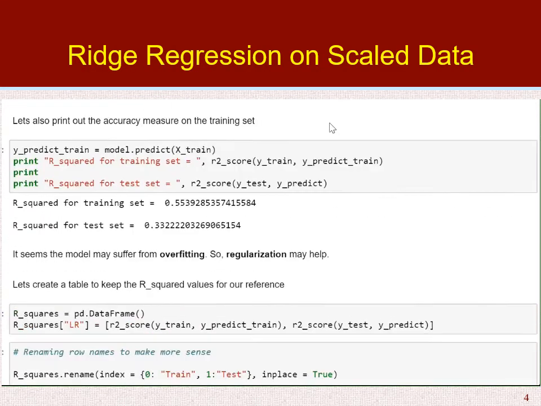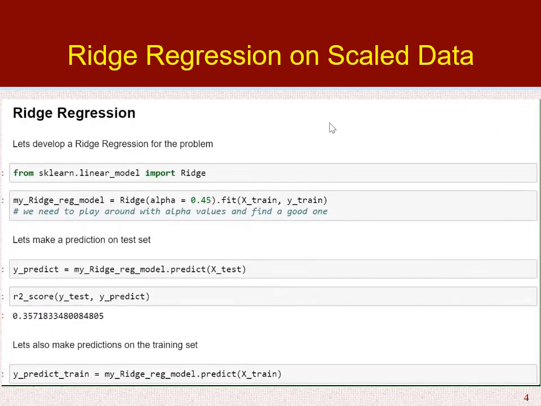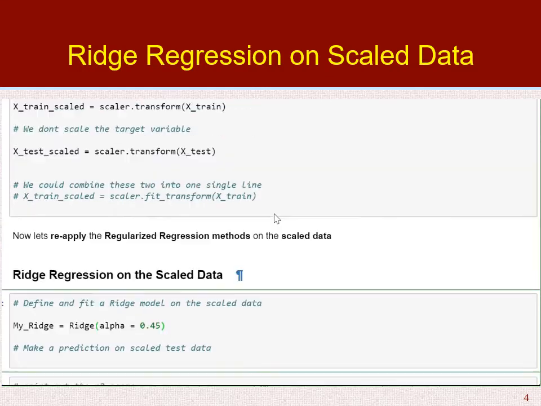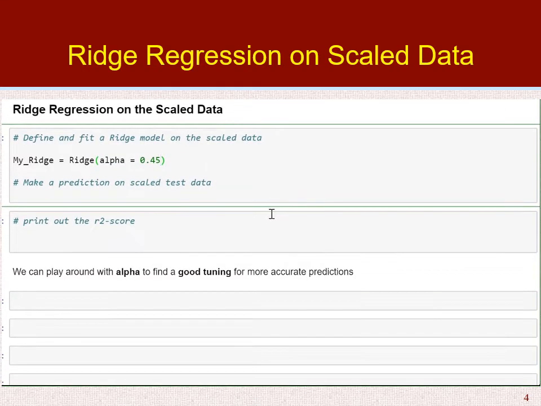If you go back here, alpha is 45. So we do the same here, 45. We can play around with it to see what value would fit better. So let's also fit our model, or train our model, on the training dataset, on the scaled train.